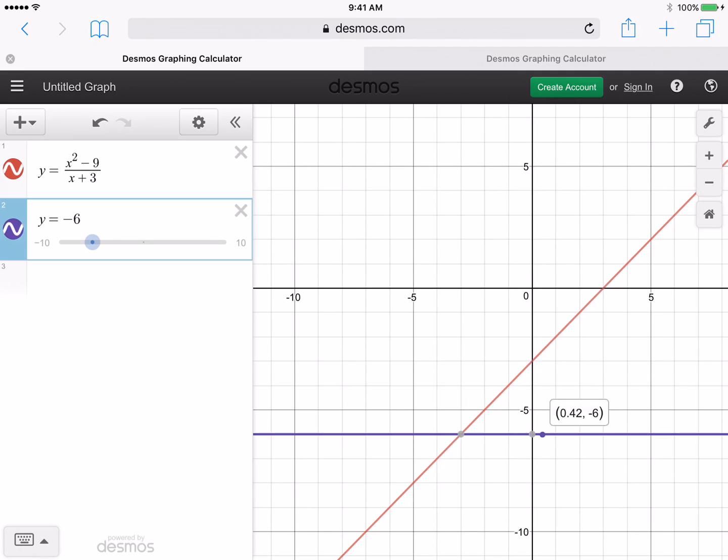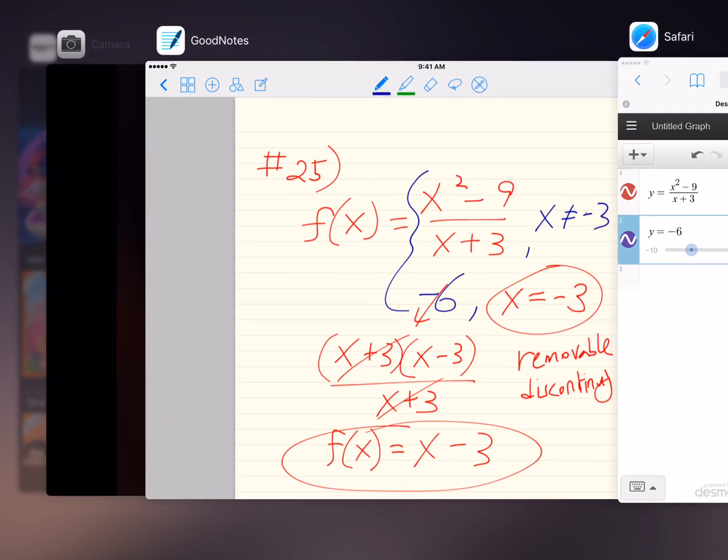For the red one though it's undefined. Now, you see that the intersection of this particular function and this particular function fills in that circle, that removable discontinuity right there. So there you have it for number 25.